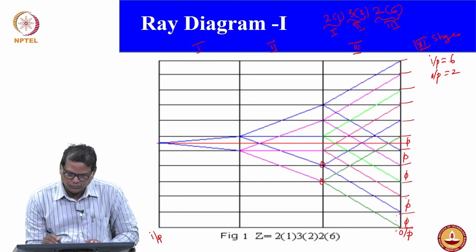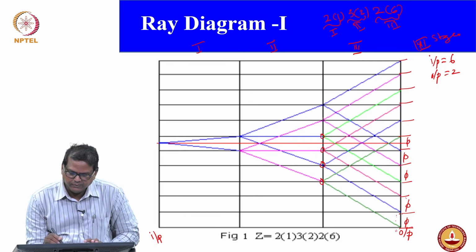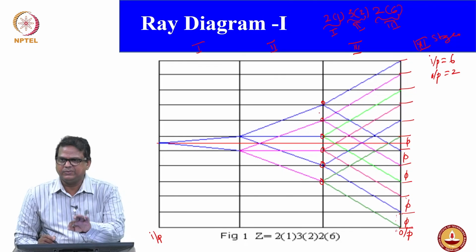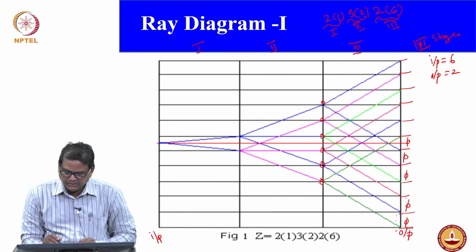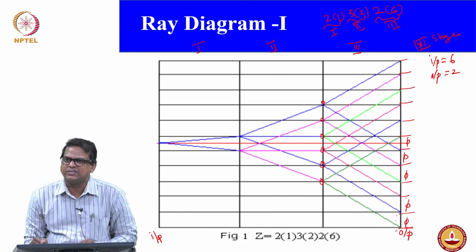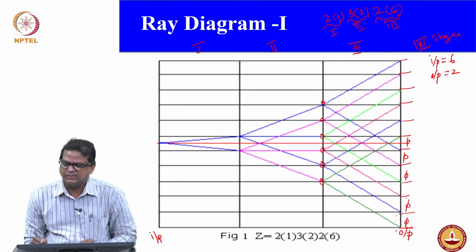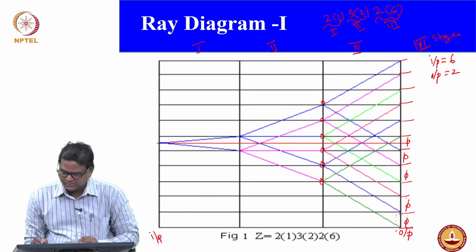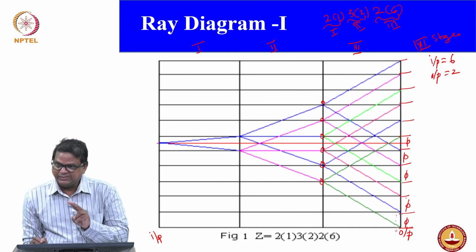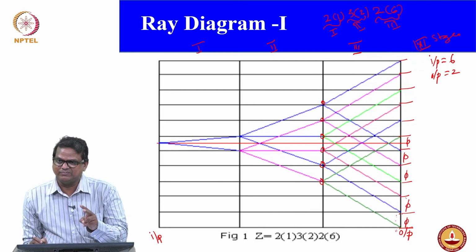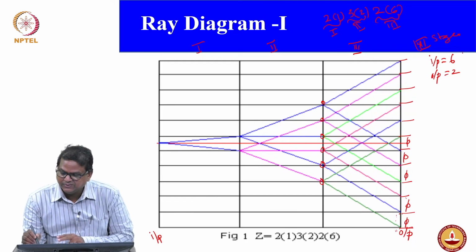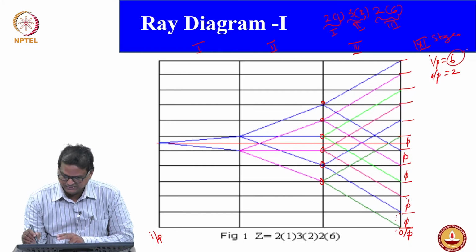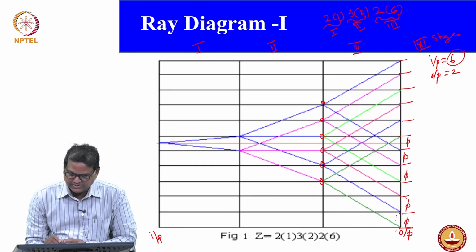1, 2, 3, 4, 5 and 6. You have 6 inputs. Each input should give me how many outputs? 2 outputs. But how do I place them? The 2 outputs I have to place apart by 6 step ratios.